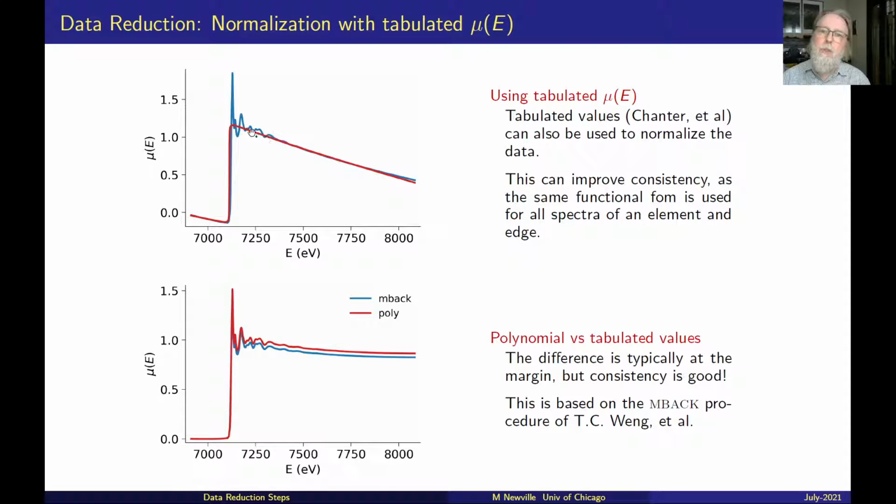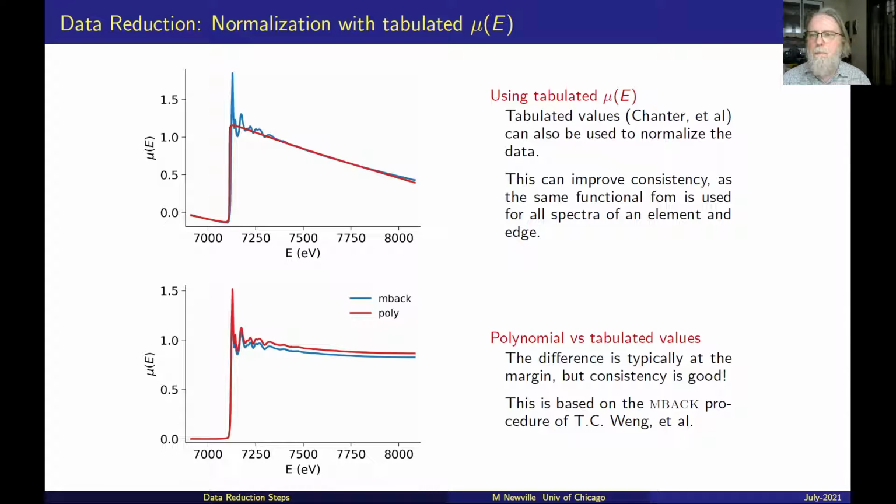So you could say, let's normalize by making a few adjustments so that our measured mu of E matches the tabulated mu values from the tables. This can be a good approach because it really improves consistency.